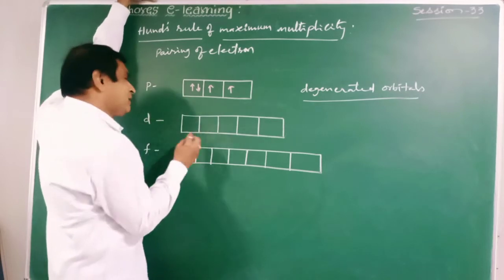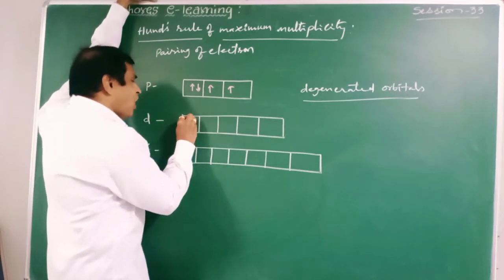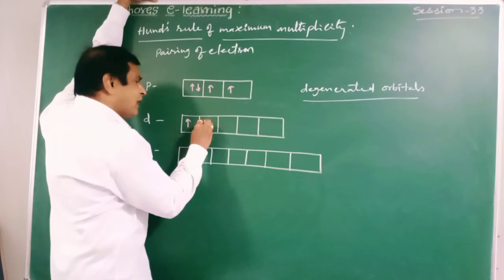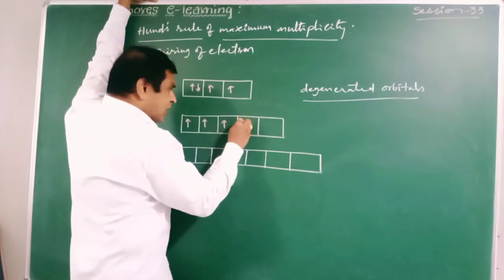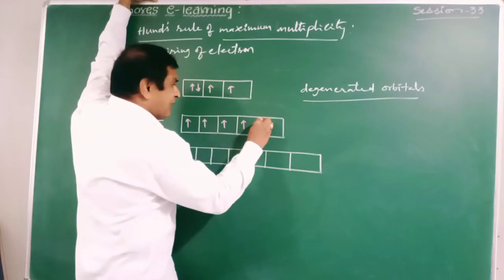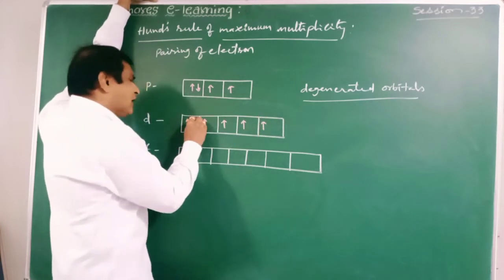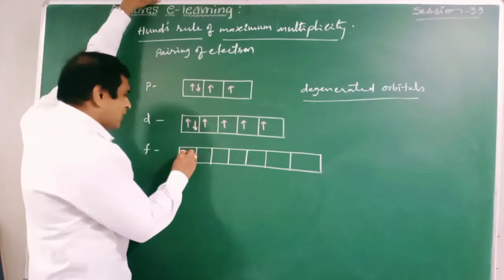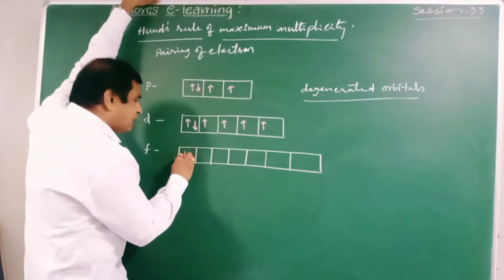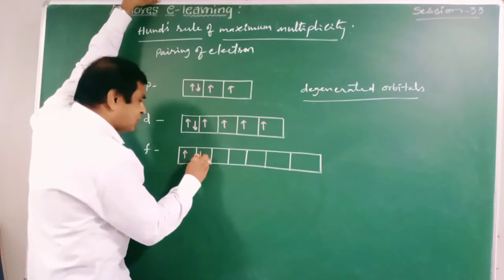In d orbitals, all 5 orbitals are filled with 1 electron each of parallel spin, then pairing starts with the 6th electron. Next, in f orbitals, all the degenerate orbitals are filled with 1 electron each.